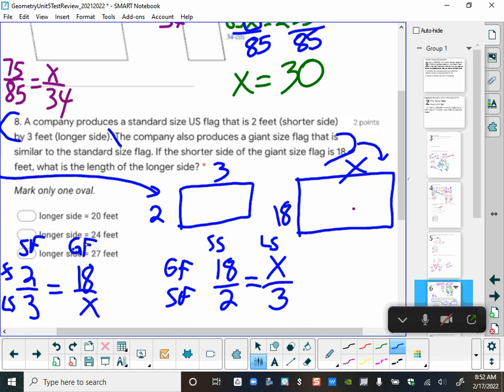Now, are we in a position to solve for the length of this flag? Yeah. All right, let's do it. So yeah, both ways would work.